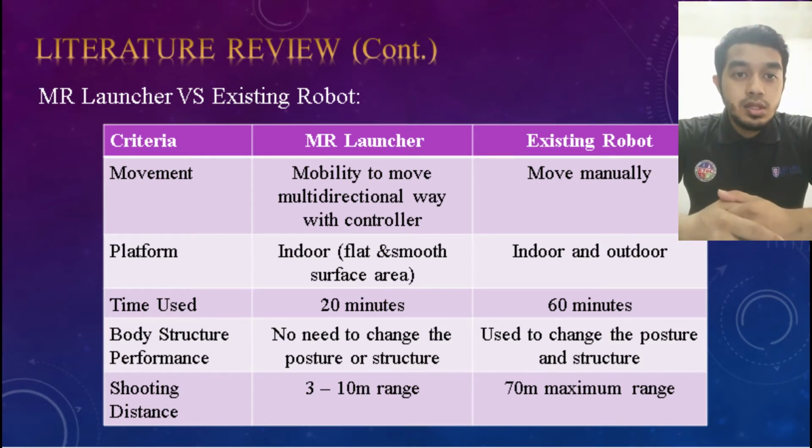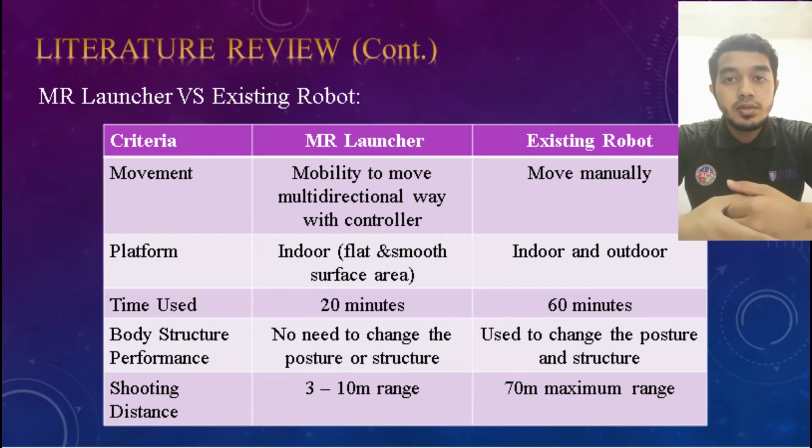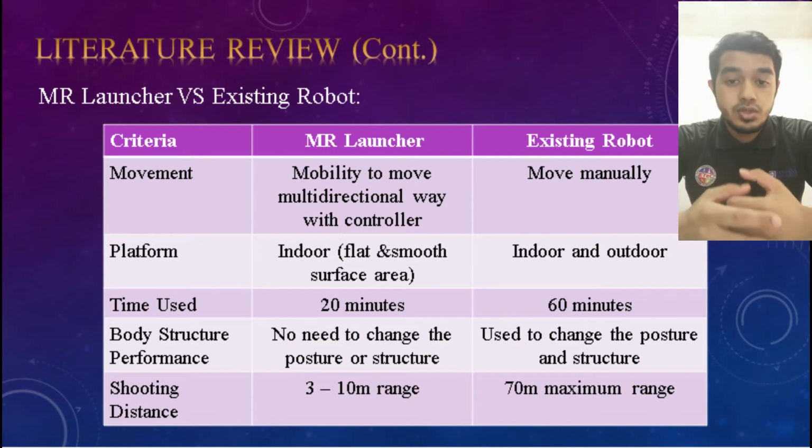The last point is shooting distance. The MR launcher is limited to a 3 to 10 meter range only, while the existing robot can shoot to a maximum range of 70 meters. This is because the MR launcher is designed for kids and indoor use only.